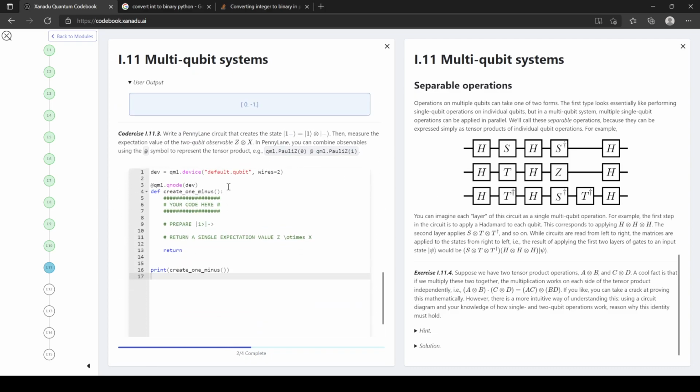Excellent. Now we want to create a 2-qubit observable. First, we need to prepare the state here. Notice that I'm applying an X gate on both of them to get the negative state. Now we want to create a single expectation value.